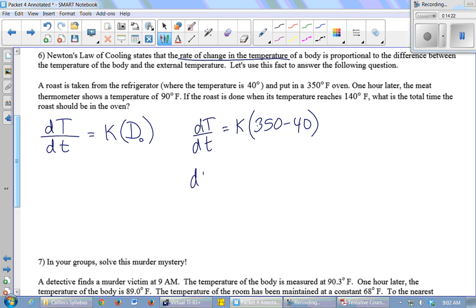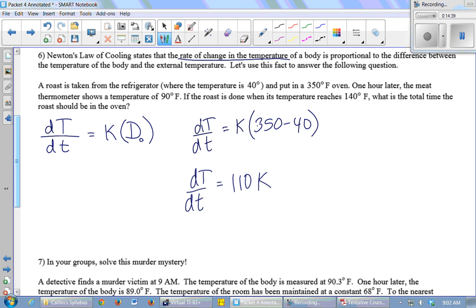All right, so that means dT is 310K. And then an hour later, the meat thermometer shows a temperature of 90 degrees. So we're given a temperature at time t.